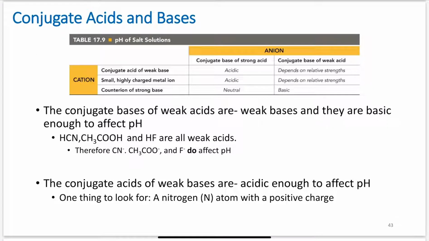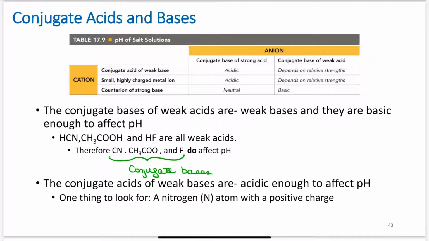The conjugate bases of weak acids are weak bases, and they are basic enough to affect your pH. HCN, hydrocyanic acid. CH3COOH, acetic acid. HF, hydrofluoric acid. These are all weak acids. Therefore, their conjugate bases do affect pH. If I have a solution that has cyanide, acetate, or fluoride, notice those are the ionic forms. Those are ions, not elements.